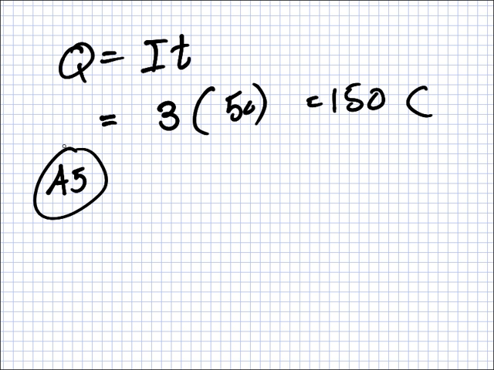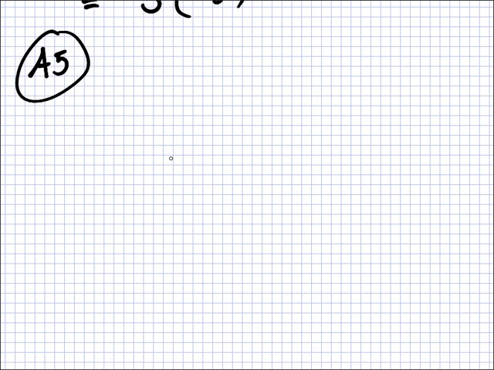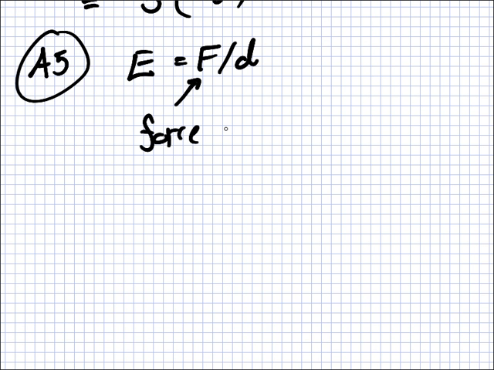Define electric field strength. Okay, so do you want words or formula? Formula is E equals F over Q, where E is the electric field strength and F is the force felt by the charge.